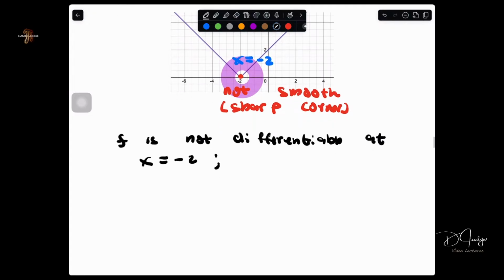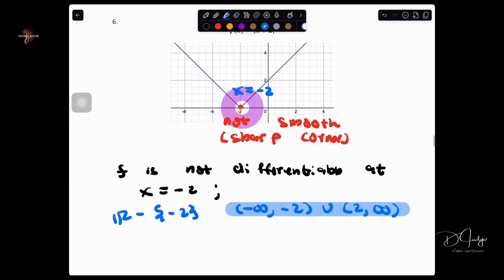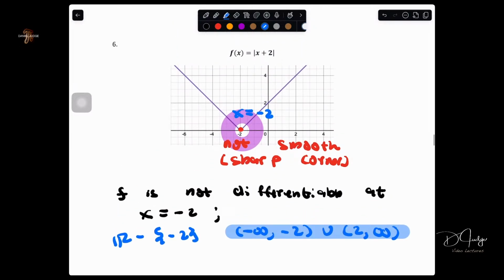You got to throw negative 2 out from all real numbers. So we're throwing out that single value of x. And that looks like from negative infinity up to negative 2 union negative 2 to infinity. This is the interval notation here. So we're given interval notation where the function is differentiable. It's everywhere, but not at negative 2.